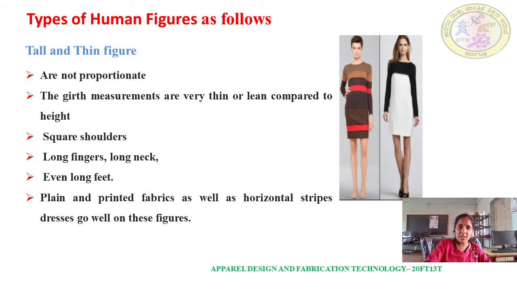For this kind of abnormality, plain fabrics will suit them. Printed fabrics, that too light prints, will suit them. Especially horizontal stripes or diagonal stripes will go better if they dress using these kinds of fabrics.